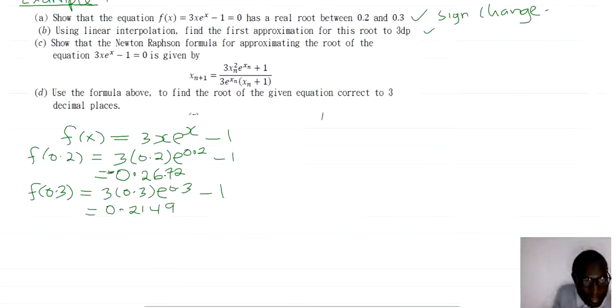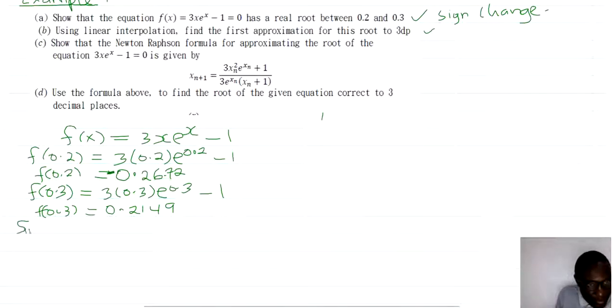This here is a negative. Sorry, this was a negative. So since this is f(0.2), f(0.3). Now since f(0.2) is a negative and f(0.3) is a positive, multiplying the two will give us a negative value, and a negative value is always less than 0.